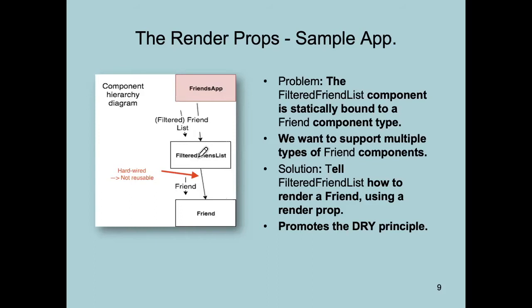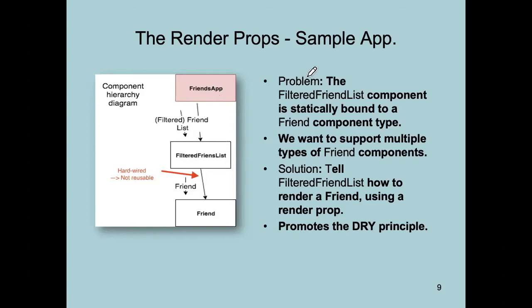But in my new version of the application, I want this relationship to be dynamic, and by dynamic, I mean determined at runtime. The way we're going to do that is this component here is going to tell this one how it should render a friend at any particular point in time.